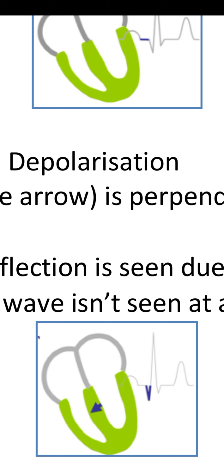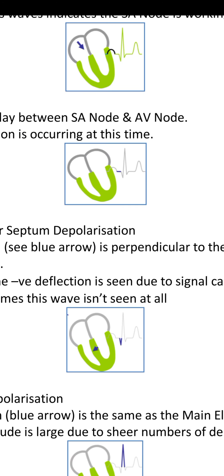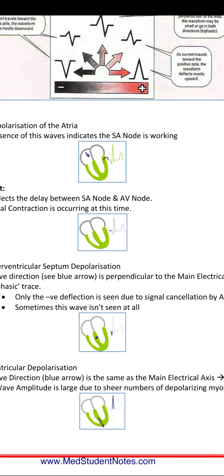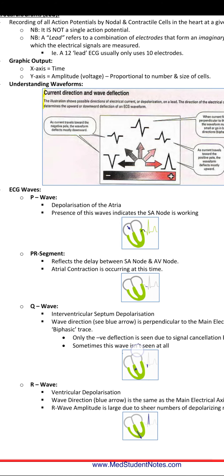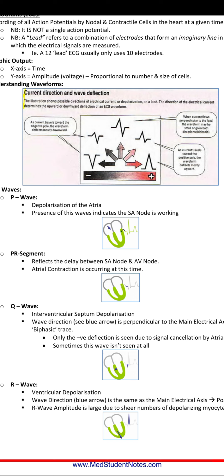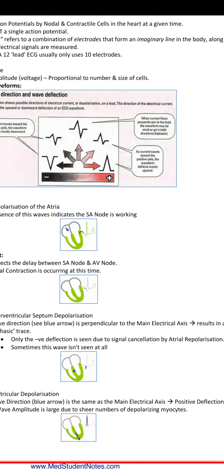So this wave is perpendicular to the main electrical axis, so it results in a biphasic trace. If a negative deflection is seen in the Q wave, it is due to atrial repolarization.